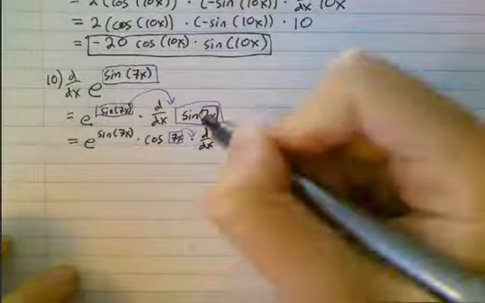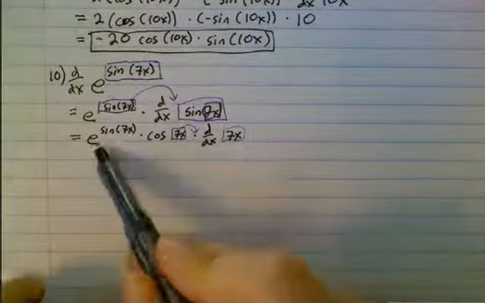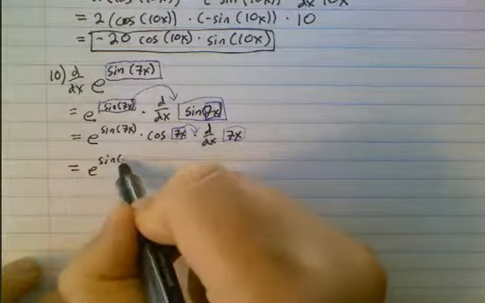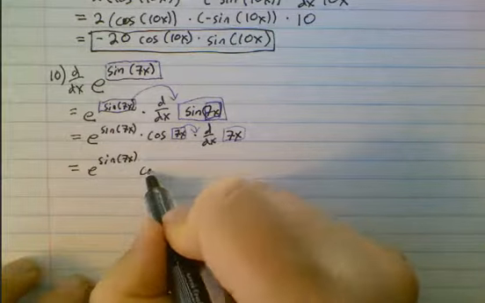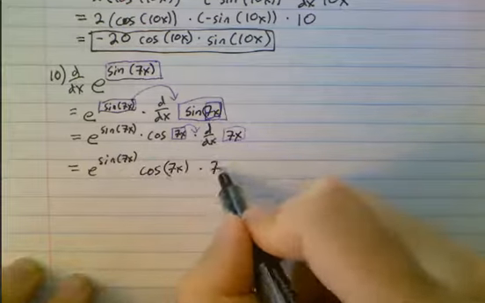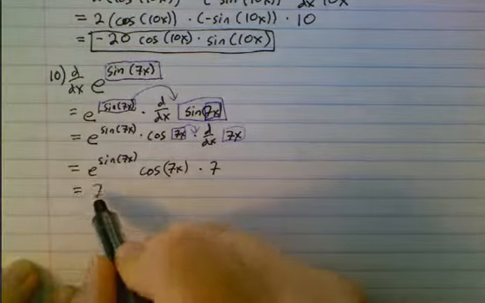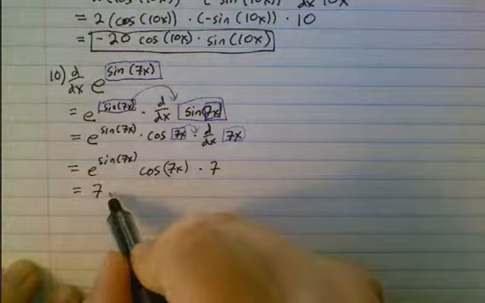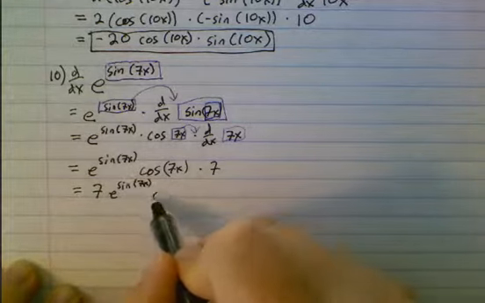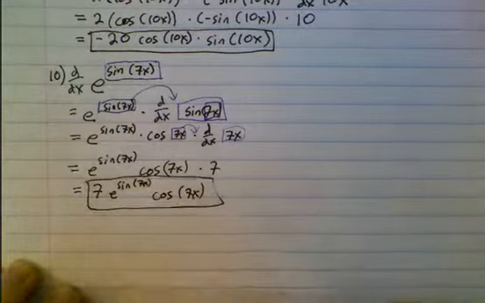So cosine of 7x times the derivative of 7x. Now these two pieces are done, so we just have to do the derivative here. Derivative of 7x is 7, and we can rewrite that with the coefficient at the front. And we're done.